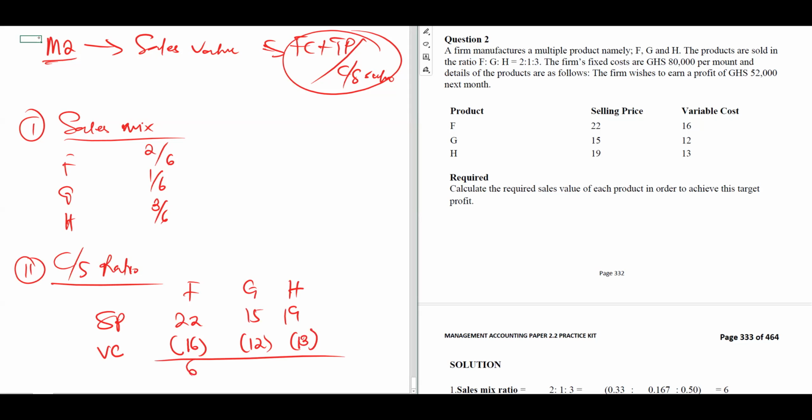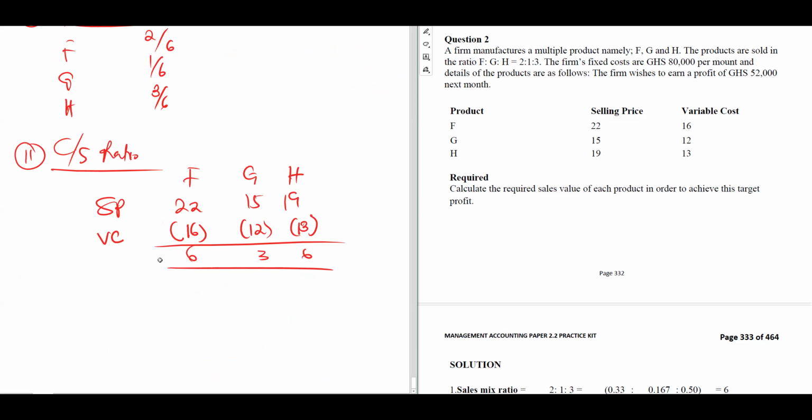So 6, 3, 6. We already have this, right? So I need my CS ratio, which becomes 6 out of 22, 3 out of 15, and 6 out of 19. So what do we get for the CS ratio? 6 out of 22 gives us 0.2727, recurring fraction.